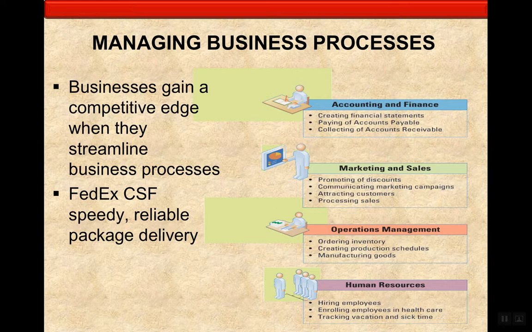But about 25 years ago, we saw the first big change in the way organizations started using information systems and overhauling their legacy applications. The realization became that companies can gain a competitive edge when they streamline their business processes. This was a big thing.